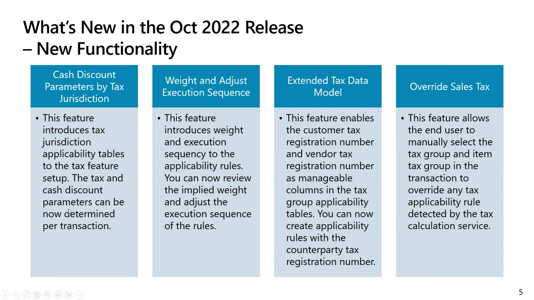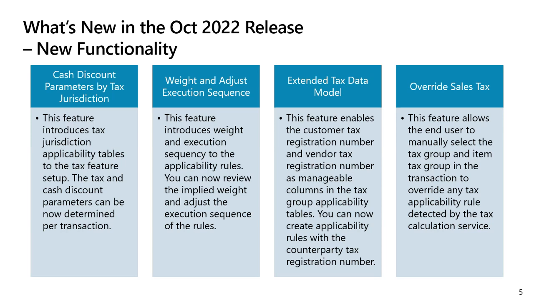The first one is the cash discount parameter feature. This feature allows the user to define tax jurisdiction for each transaction and then set the cash discount parameter differently for each jurisdiction so that the service can calculate the cash discount following different tax regulation of different countries within the same legal entity.